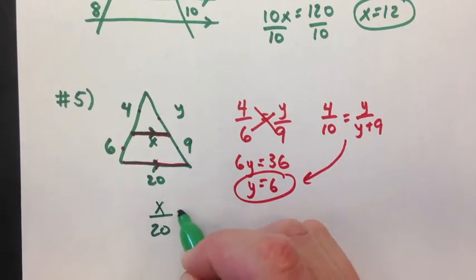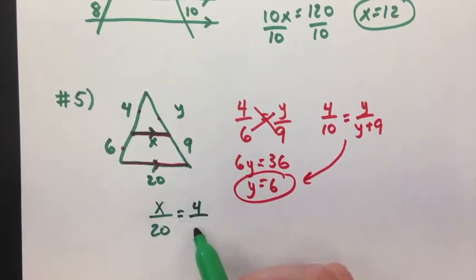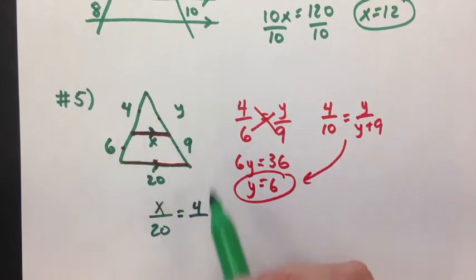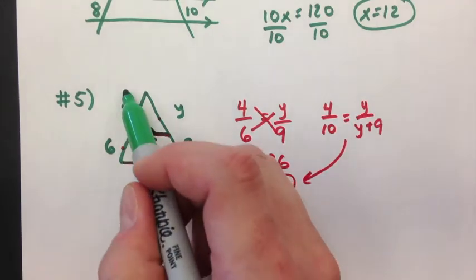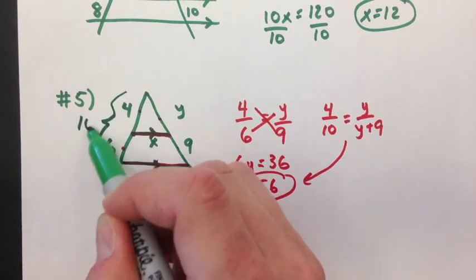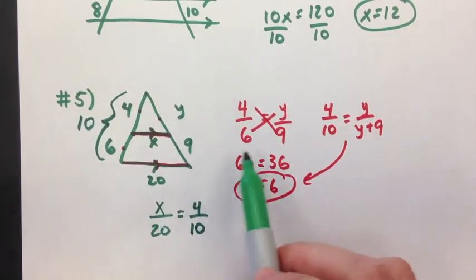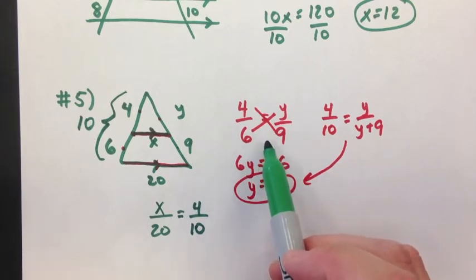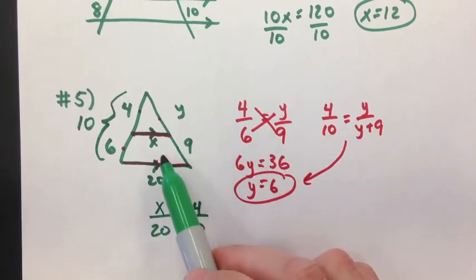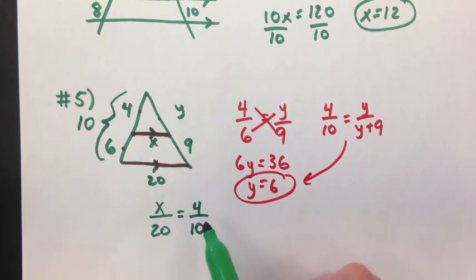If I try to say that's 4 over 6, if I make this 6, it's no good, because 6 is not a side. So I can do 4 over the whole thing, which is 10. That's how I would need to set that up. So you do have to be careful. The parts are proportional, but I can't put the sides and the parts together. Okay? And that's the end of the notes.